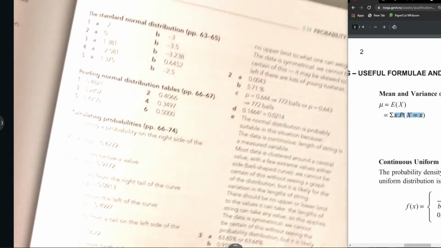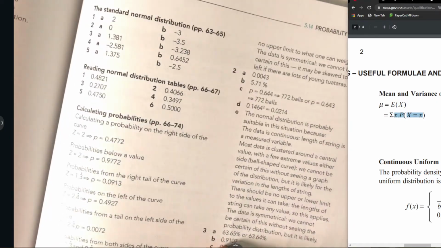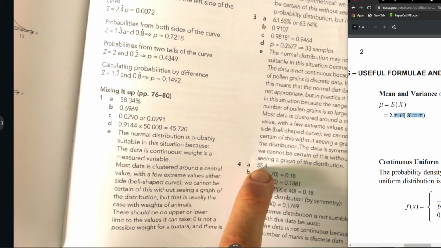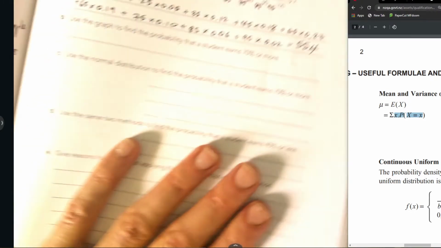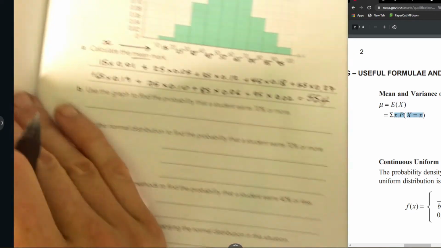Here we go. 55.4. What am I doing wrong on my calculator? So my manual system works. I'll see what I did wrong with my calculator later on, doesn't matter.